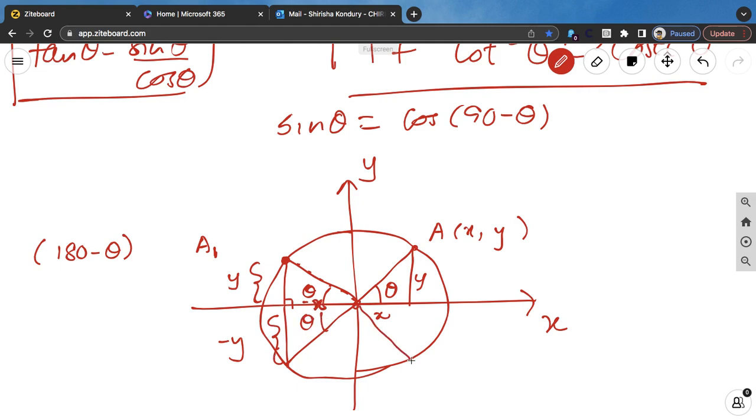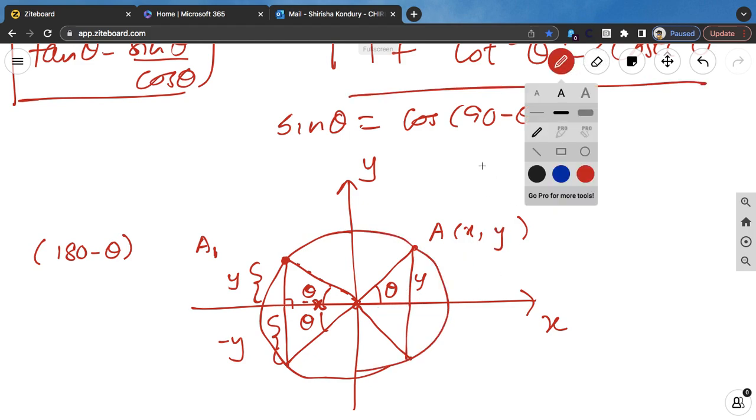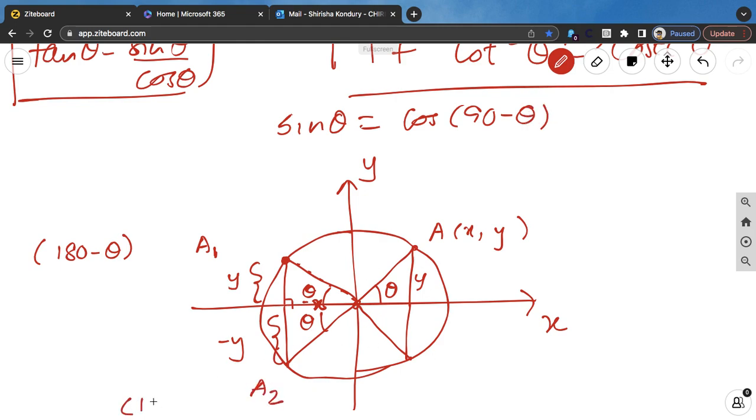And finally, if I draw a similar triangle, that means A moves in the fourth quadrant, making the same angle theta with the positive x-axis, then how much A has actually moved is 360 minus theta. Still the same triangle, y is negative but x is positive.